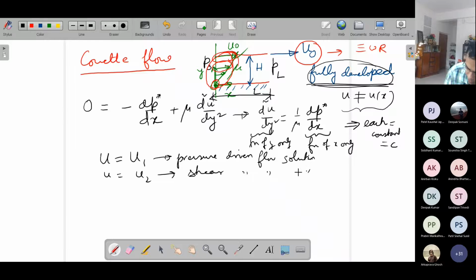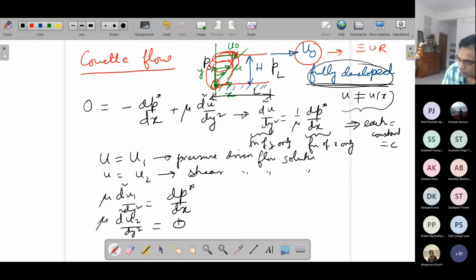So we write mu d2u1/dy2 is equal to dp/dx, whatever it is, not 0, and for u2, the shear driven solution, this is 0.